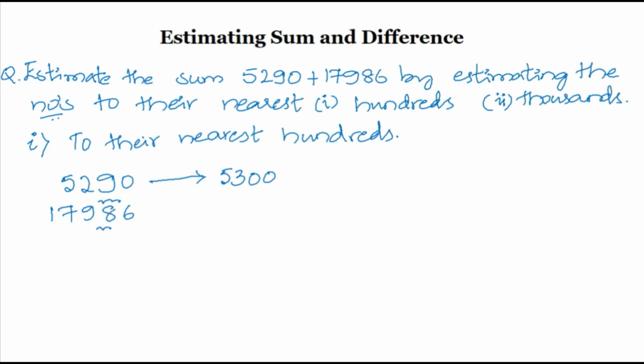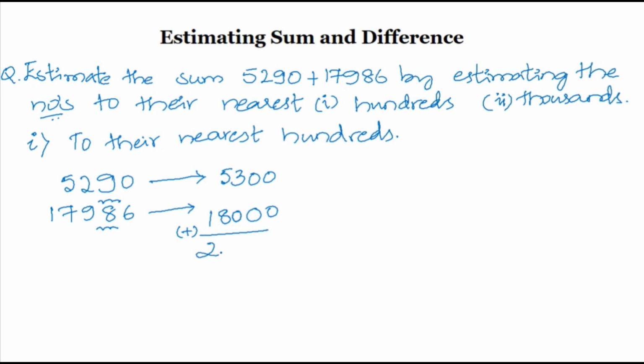The next number is 17,986. Again, we will look into the tens place. It is also larger than 5. Therefore, the next digit we have to increase by 1, and the units place and tens place we have to replace with 0. The digit at hundreds place is 9. When it is increased by 1, it becomes 10. So 1 is added to 7, it becomes 18. Now we have to find the sum.